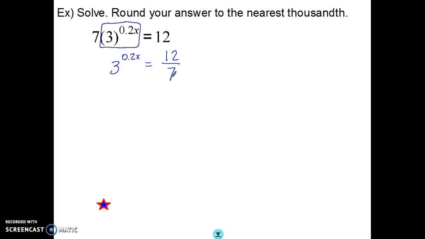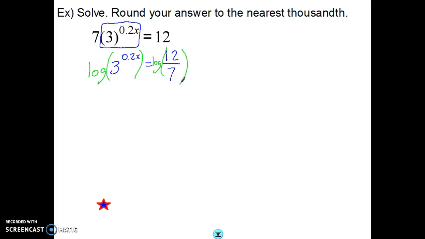And now we're going to do step 2, because our exponential is alone, which says to take the log of both sides of this equation. So that's exactly what we'll do. We'll go ahead, we'll take the log of this side of the equation and the log of this side of the equation.